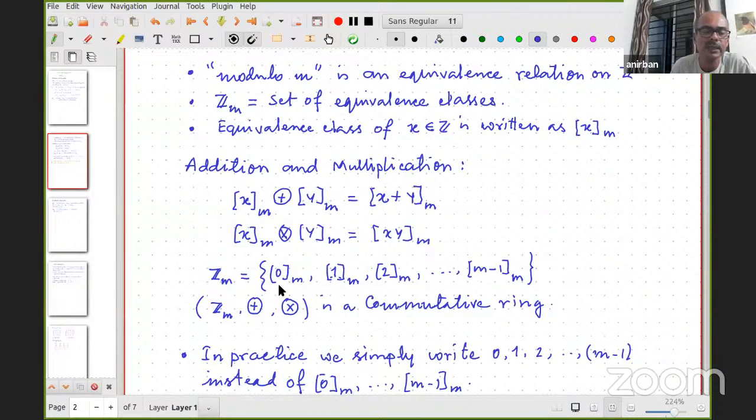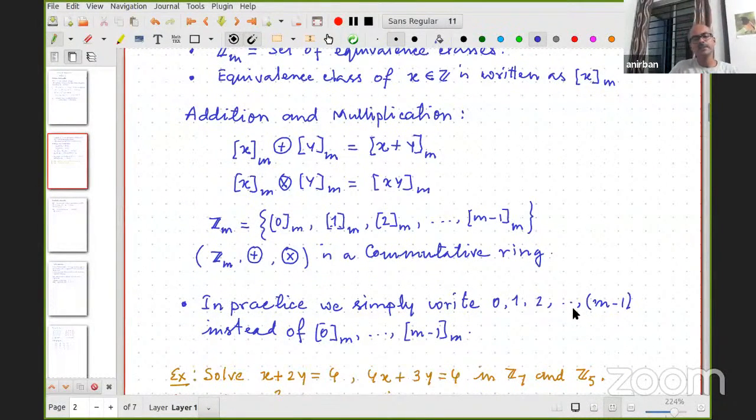We write 0_m, 1_m, up to (m minus 1)_m. It's a set with m elements. And it has two binary operations, which we are calling addition and multiplication. With those two operations, it's a commutative ring.